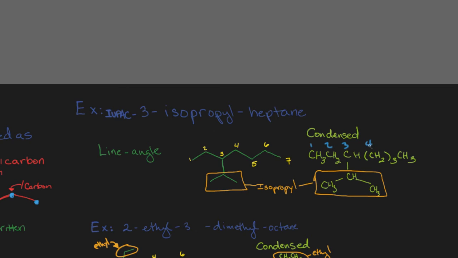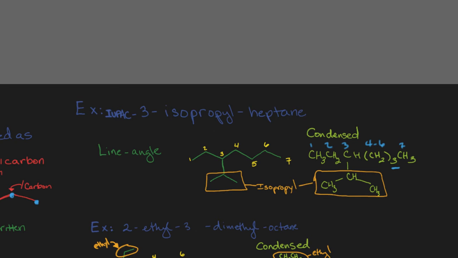So 4 through 6 are in this parentheses because of this subscript of 3. And here we have the 7th carbon. So there's your heptane. And there's an isopropyl group. If you remember, this is the isopropyl group. Okay. And if you were to put a line for each one of those, this is basically what it would look like.